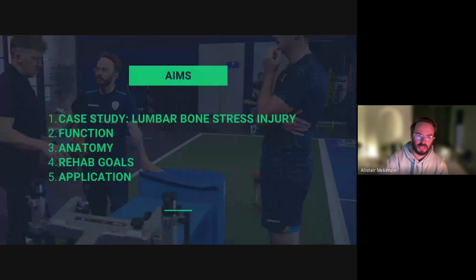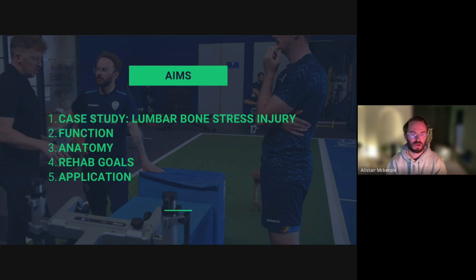The aims of this webinar are to discuss how we apply the KT360 and isometric testing to a rehab framework for the early to mid stages following a lumbar bone stress injury.